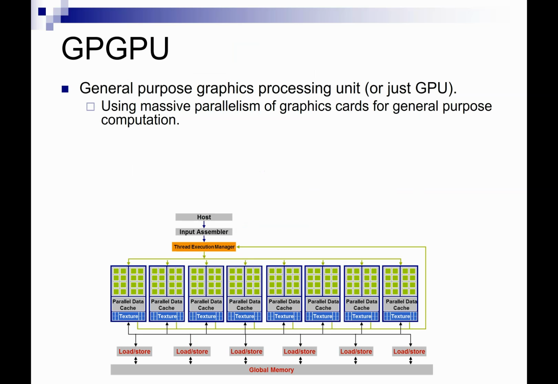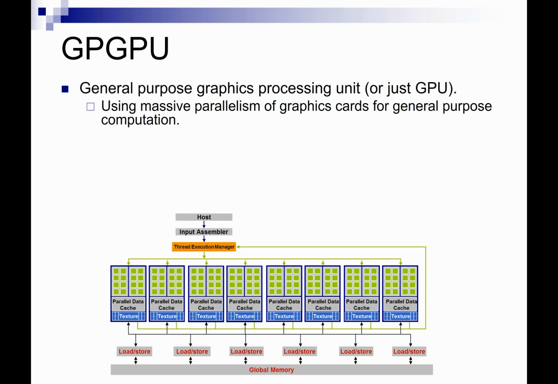So the final type of architecture I'll talk about are GPUs, and sometimes they're called GPGPUs, meaning general purpose graphics processing units. We're going to have a pretty sizable portion of the course devoted to GPUs, so I'll talk about these in much more detail later. But right now, I just want to introduce the basic concepts of GPUs.